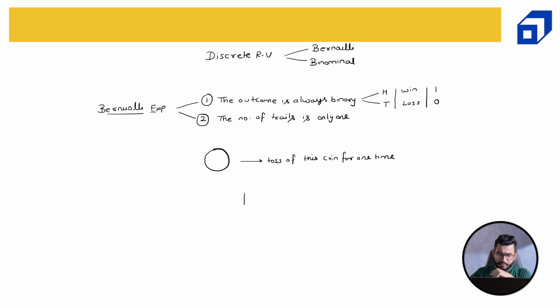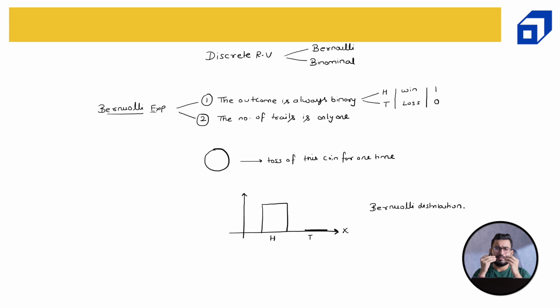So the Bernoulli distribution looks very simple. We have already seen it, but I'm drawing it again. Let X represent the number of heads when you toss a coin one time. So you may either get a head, and for tail it is nothing. So this is basically my Bernoulli distribution. Now please remember, there is nothing difficult to remember about the Bernoulli distribution.